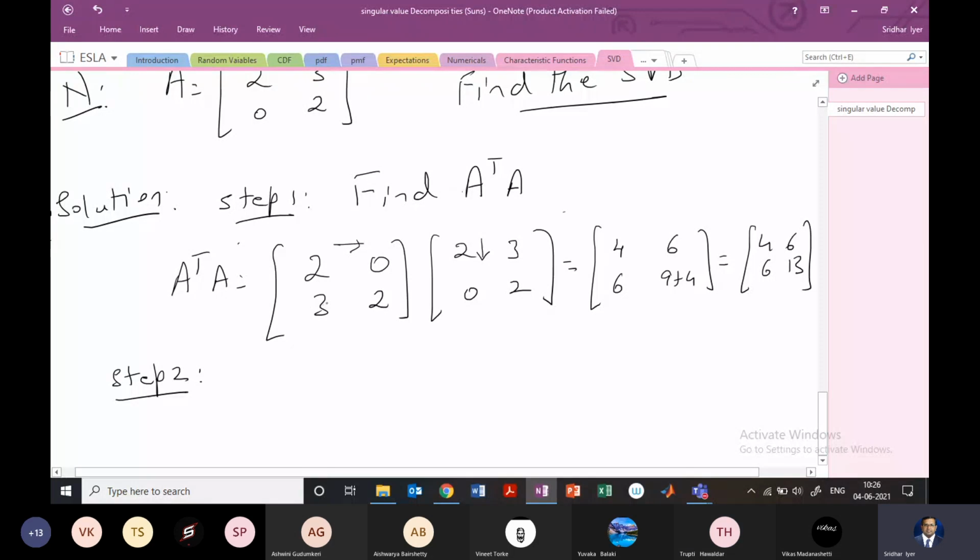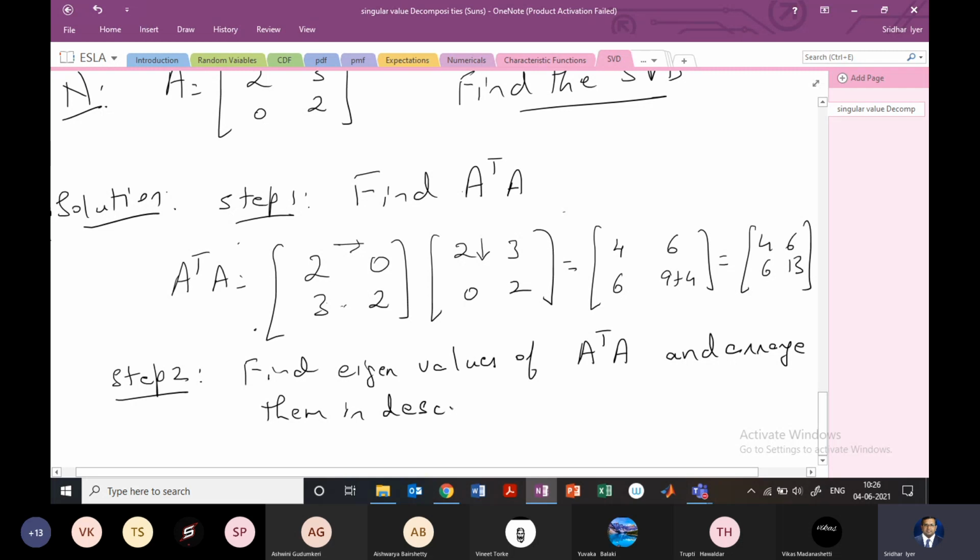Okay. The next step is we need to find the eigenvalues of A transpose A and arrange them in descending order.